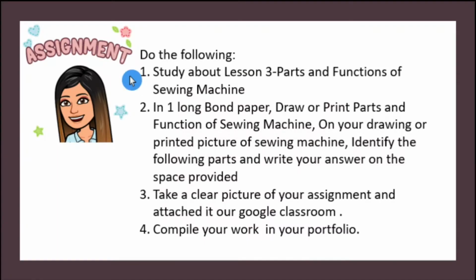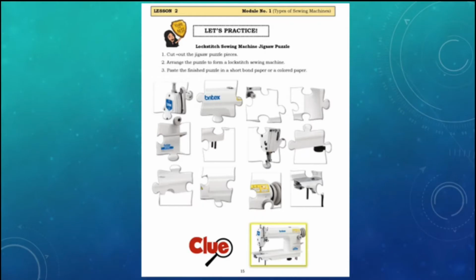So for your assignment, study about lesson 3, parts and functions of sewing machine, in one long bond paper, ay yung sinasabi ko sa inyo kanina. Eto, pag na-cut out nyo, doon nyo ididikit, picturean, attach sa Module 1, October 13, na may nakalagay na let's practice.